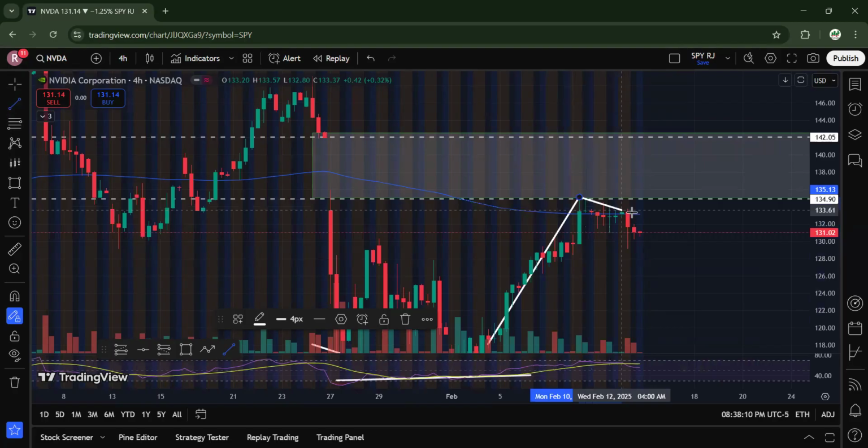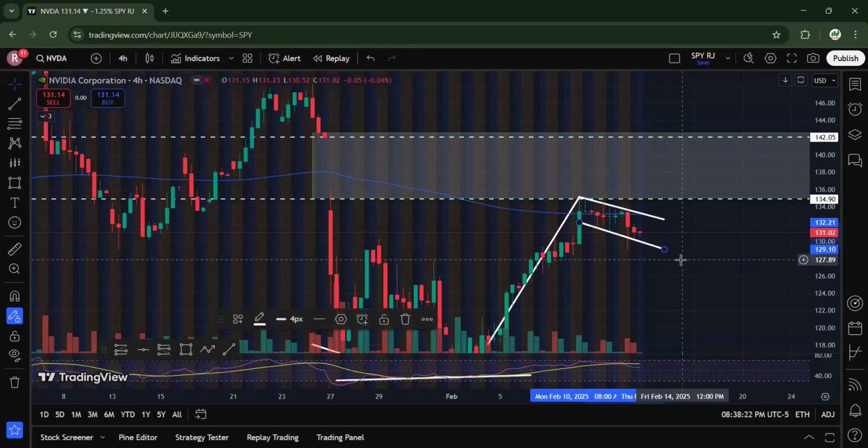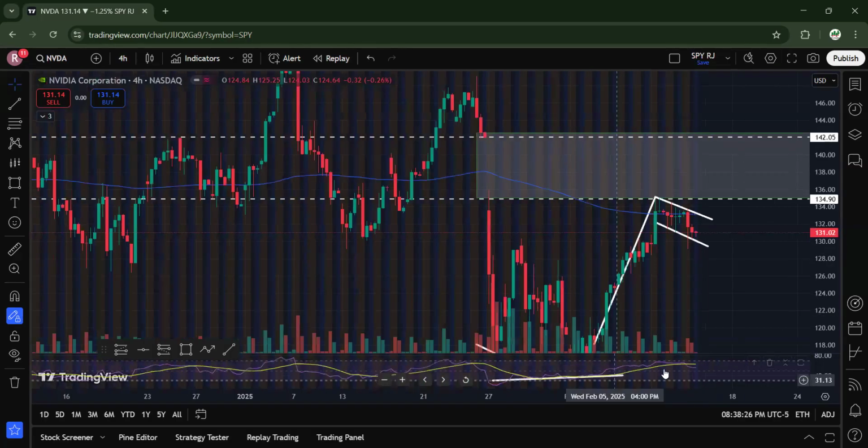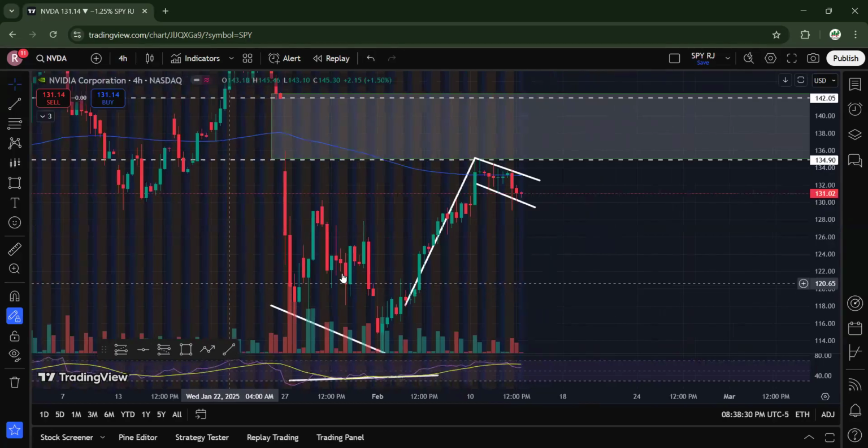Hmm. What is this stock doing? What is this called? Anybody know the name of this?